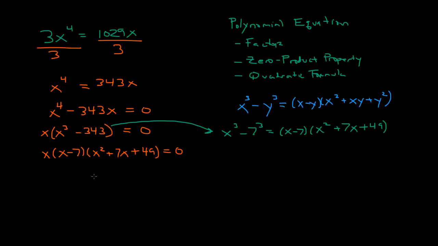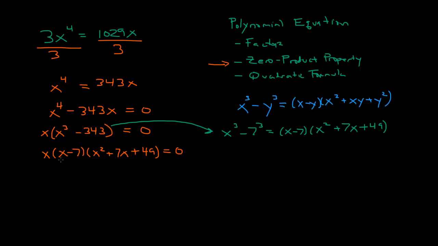Okay, now we can employ the zero product property. The zero product property says if you have several real numbers multiplied together that equal 0, then one or more of those numbers must be 0.